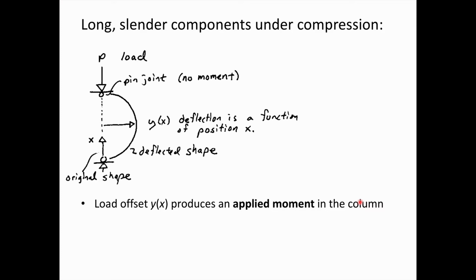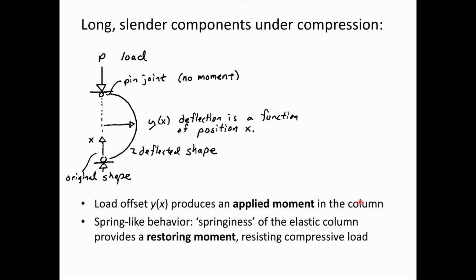So there's a load offset. We have this load P that's applied along this x-axis, and if this column is bowed out toward the right, there's a load offset. We have this material that's shifted out to the right, and this material is resisting this load that's offset from it.